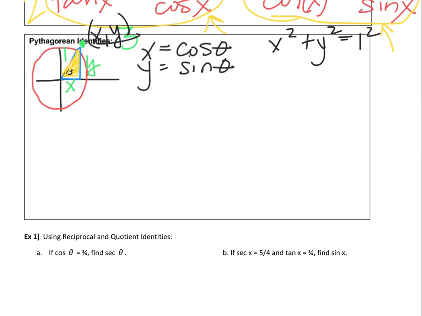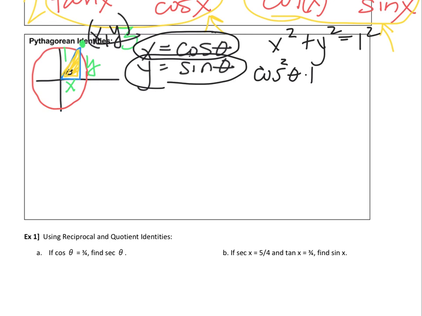And this just comes from the Pythagorean theorem. So what we're going to do is simply use this relationship for solving for the adjacent and the opposite sides. So we can do a substitution and we get cosine squared of theta plus sine squared theta is equal to 1. That was very simple by just knowing this relationship.